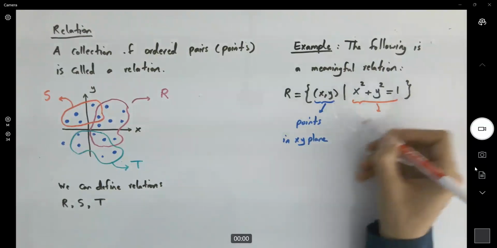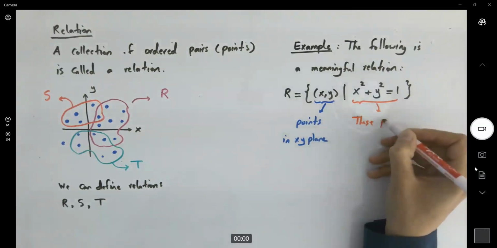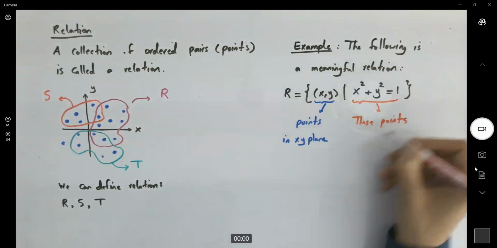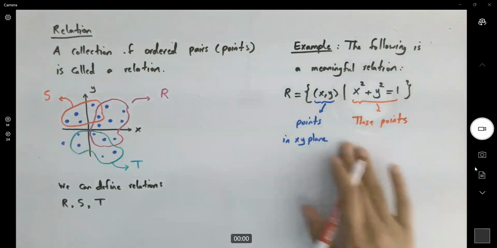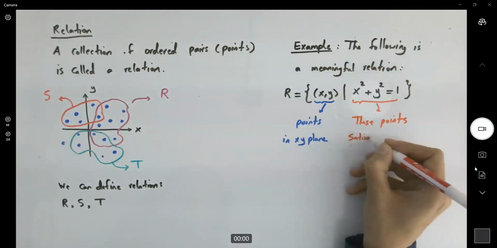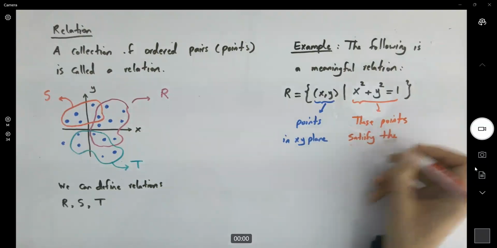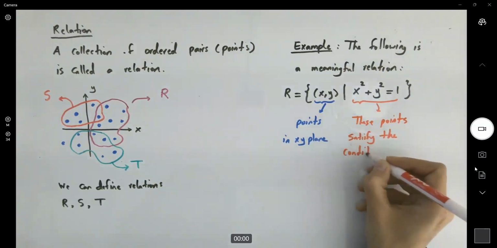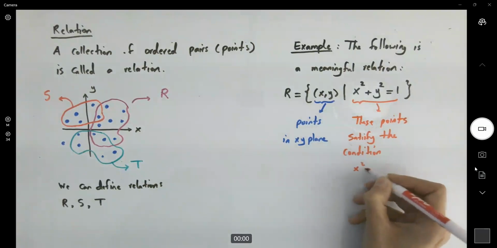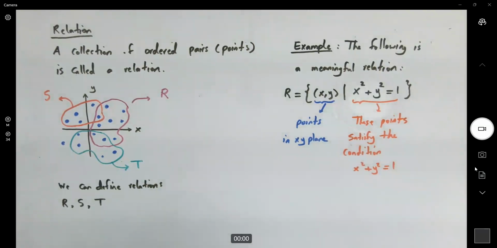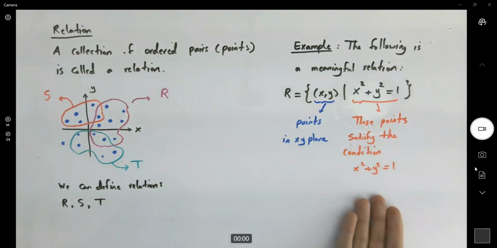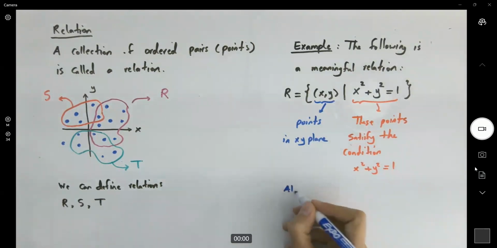These points satisfy the condition, the property of being x squared plus y squared equals 1. If you take your x values, if you take your y values, square them, add them together, it is 1. But we already know what this is. We learned it in algebra. From algebra, I know this is just a unit circle.